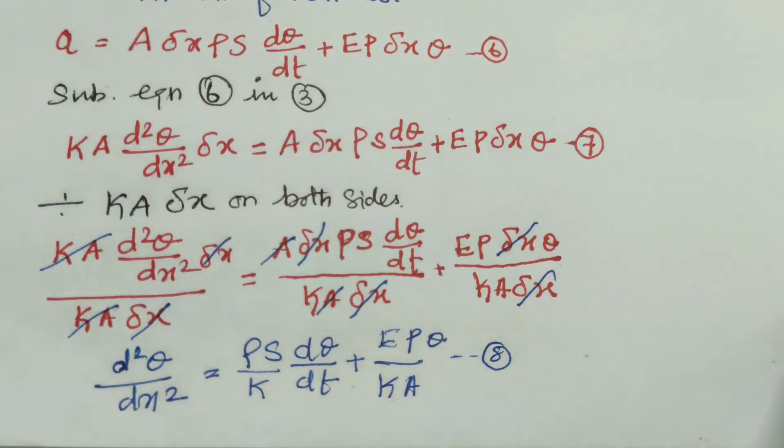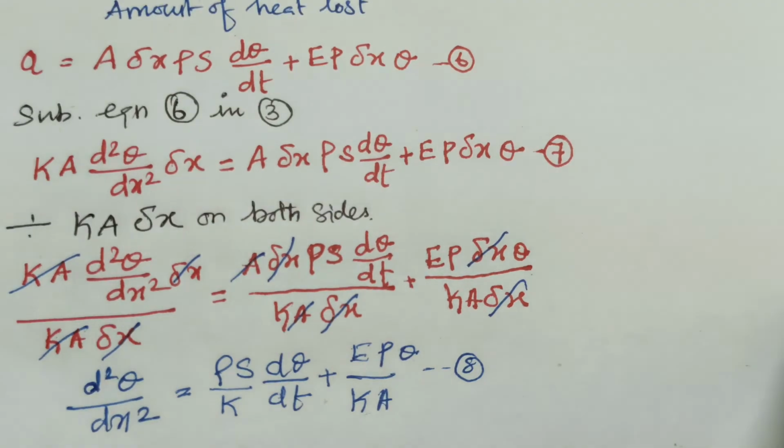Now we can discuss the special cases of thermal conductivity of any materials. Here the first case is when the heat lost by the radiation is negligible. Let us consider the rod is completely covered by the insulating materials, then there is no energy loss or heat loss due to the radiations.